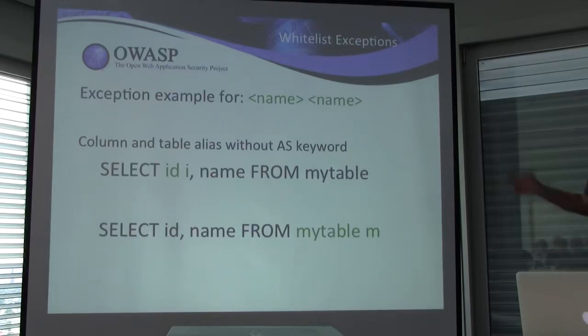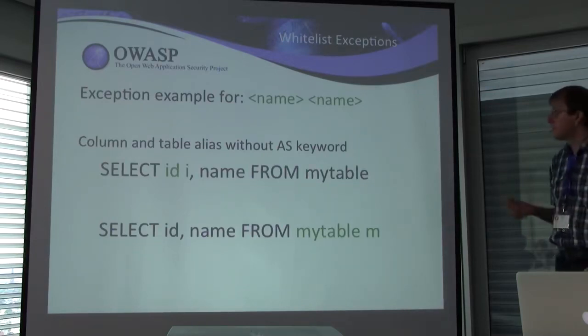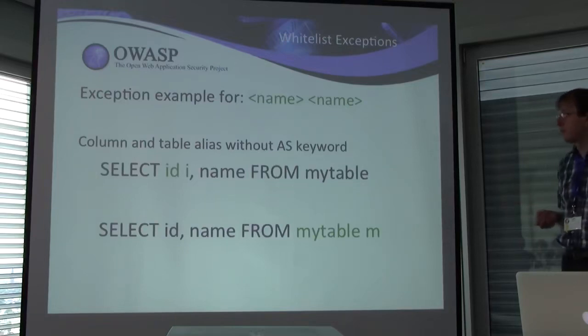For example, when you have column or table aliases without the AS keyword, which most database management systems support, then you have to define an exception and consider it in your whitelist. Here are two examples: select id i, where i is an alias of id without the AS keyword. But there are not that many exceptions you have to define.